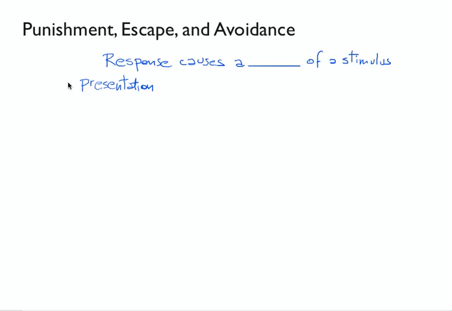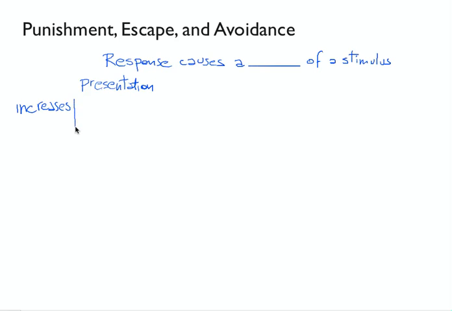And what does it do to the behavior, to the response that causes that presentation? Well, if we're talking about reinforcement, we're saying that it increases the probability of that response. The contingency, the fact that the stimulus is contingent on the response, produces an increase in the response.